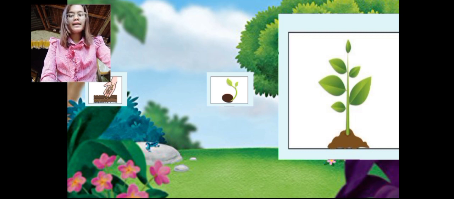You are right. It is a sequence of three events that show how plants grow. So based on the pictures shown, it is an example of sequencing of at least three events. Today, we will learn about the sequencing of at least three events.